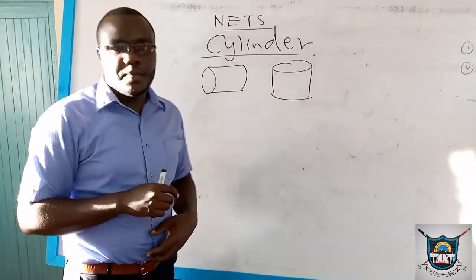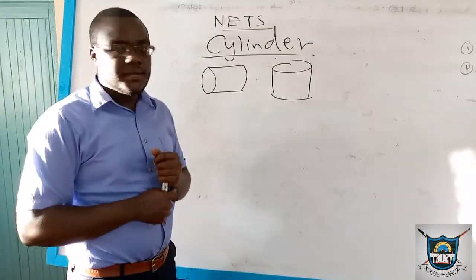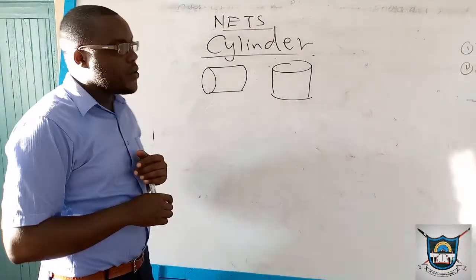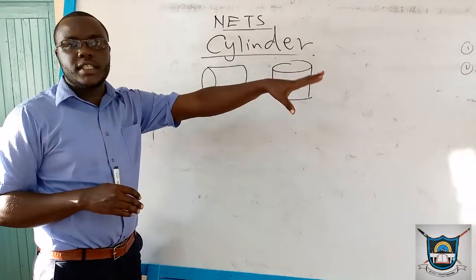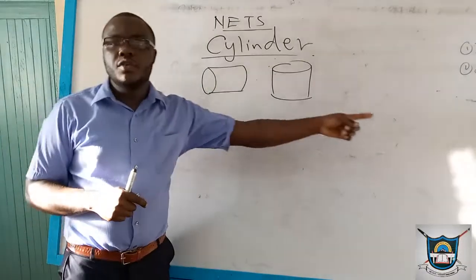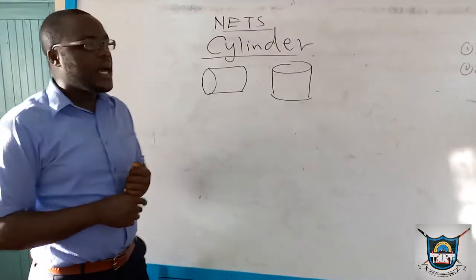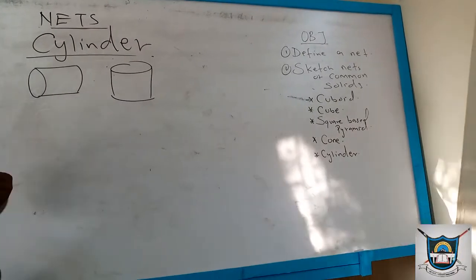We are still on the topic of common solids, the subtopic of nets. So far, we have looked at how to sketch the nets of common solids like a cuboid, a cube, a square-based pyramid, and a cone.